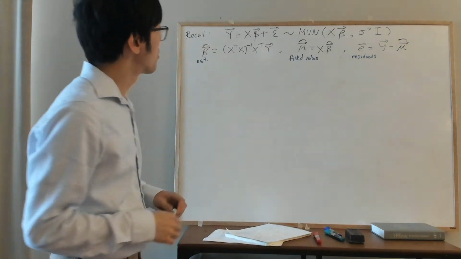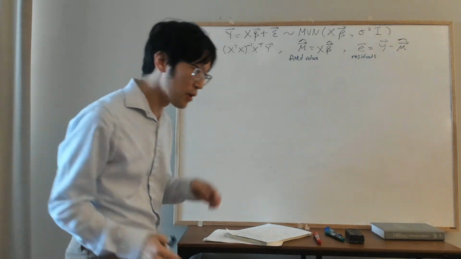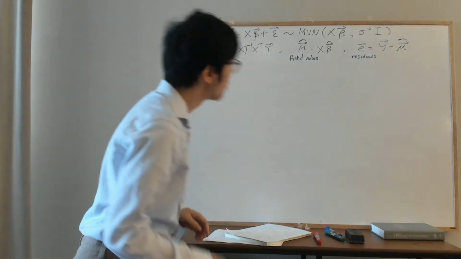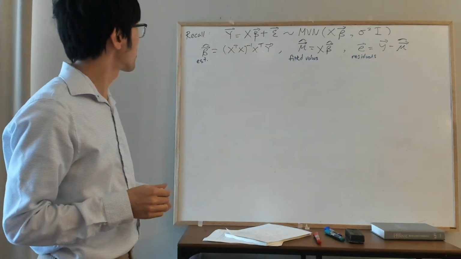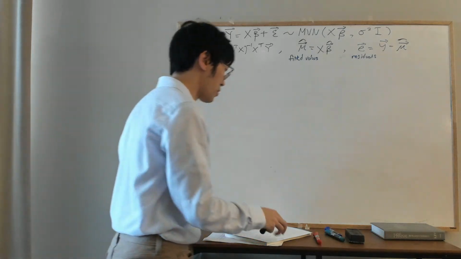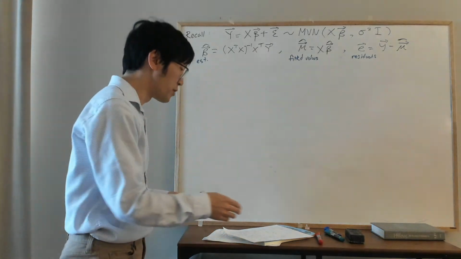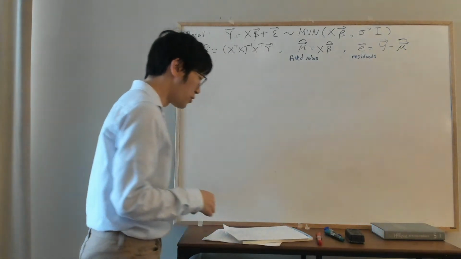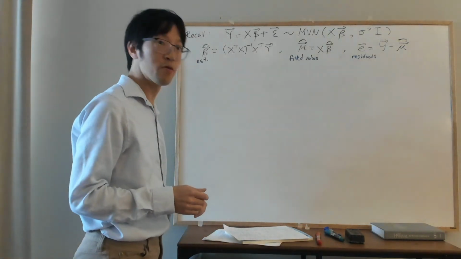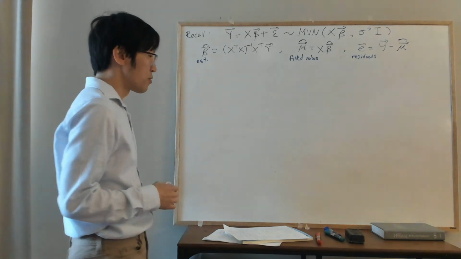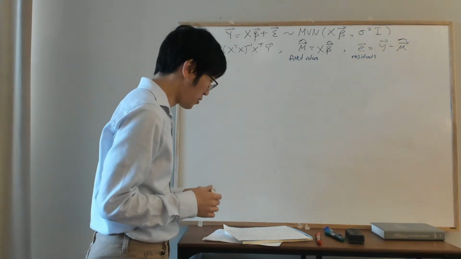And so we've done the linear algebra for that. I would like to take a few minutes to talk about a geometric interpretation of what we've done, especially to put it in linear algebra terms.